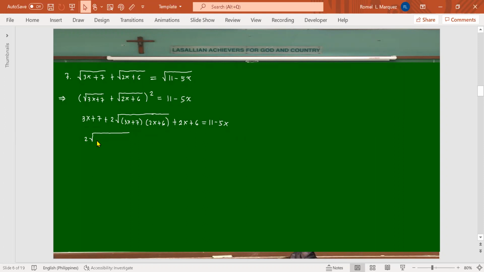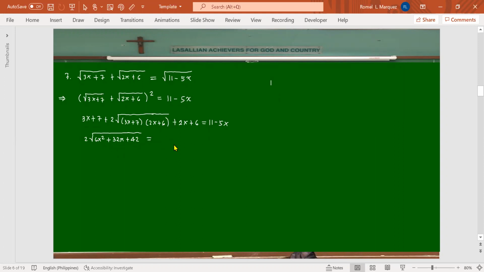What is this, guys? 6x squared. 14, 18, that is 32. What is 18 plus 14? Is it 32? Yes, 32. So 32x, then plus 42. 7 times 6 is 42.